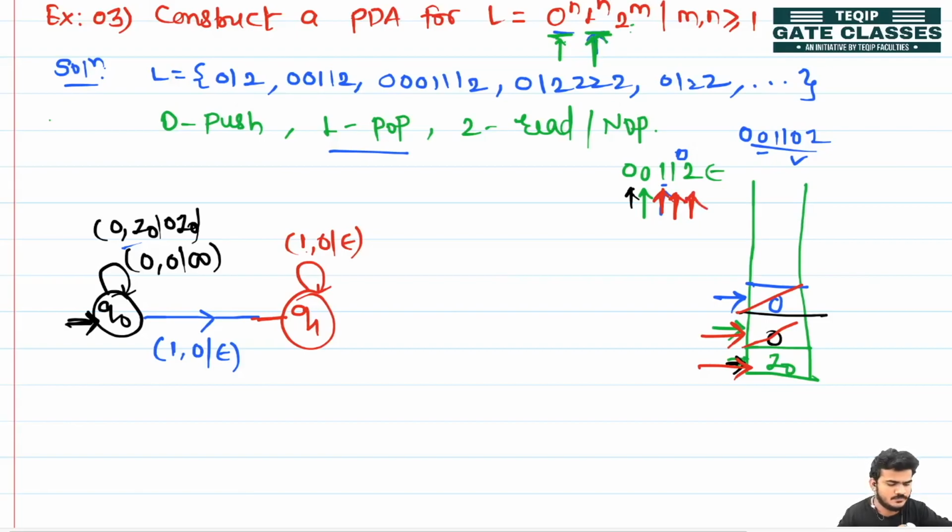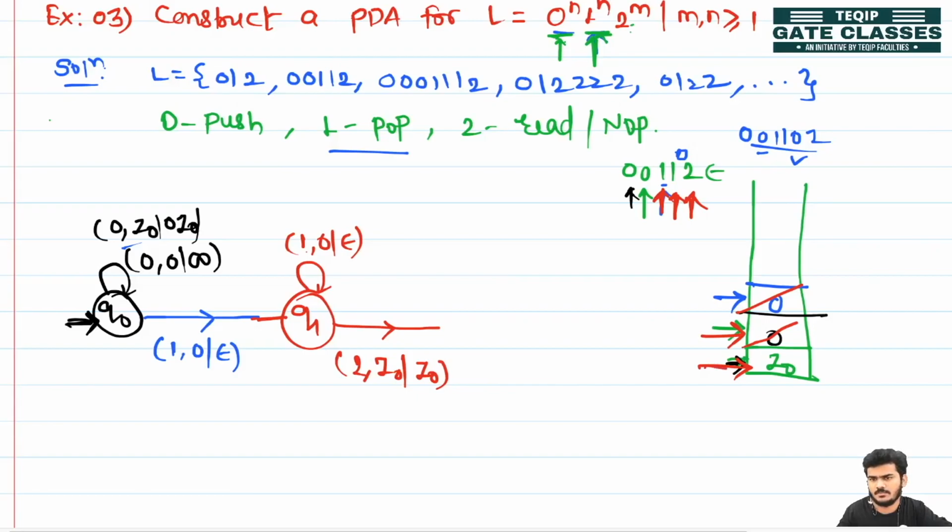My next input is 2. Whenever 2 comes, I will again change the state for the same reason. If I stay in this state, 1 might occur again, so I have to change the state. Here 2 comes and the top of the stack is Z0, so I will do nothing in the stack.